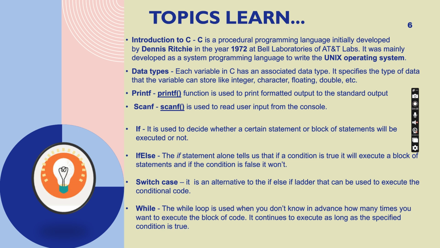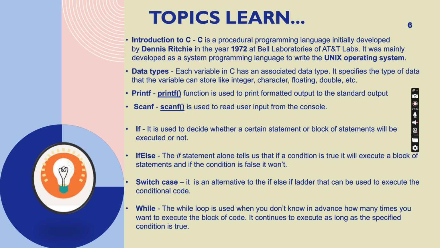During this internship, we learned different basic topics regarding programming. So there is the history of the C language, which was developed by Dennis Ritchie in 1972 at Bell Laboratories of AT&T Labs. It was developed as a system programming language to write the Unix operating system.